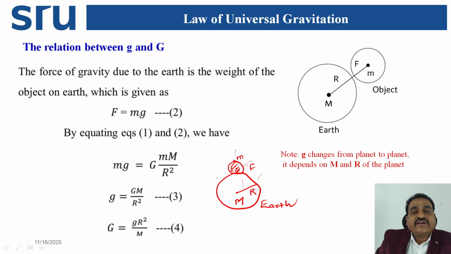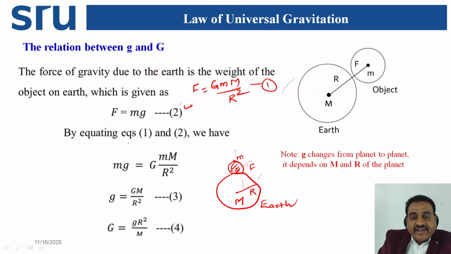The force of gravity due to the Earth is the weight of the object on Earth, which is given by F equal to mg. That is equation number 2. What about equation 1? The force of attraction between the object and Earth, that is G small m capital M by the radius square. So this is equation number 1.